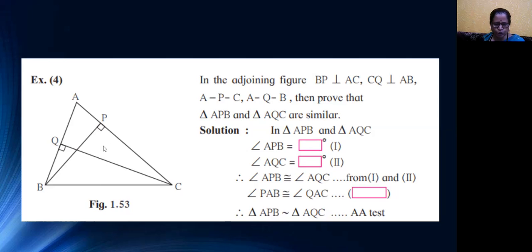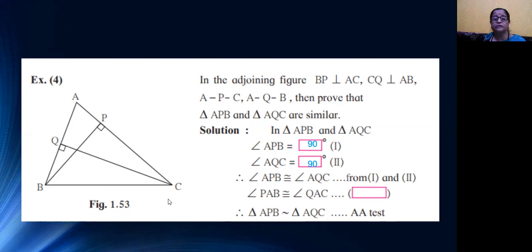In these two triangles, angle APB here is 90 degrees, and angle AQC, this is also perpendicular, so it is also 90 degrees. So we get 90 degrees and 90 degrees to be filled.